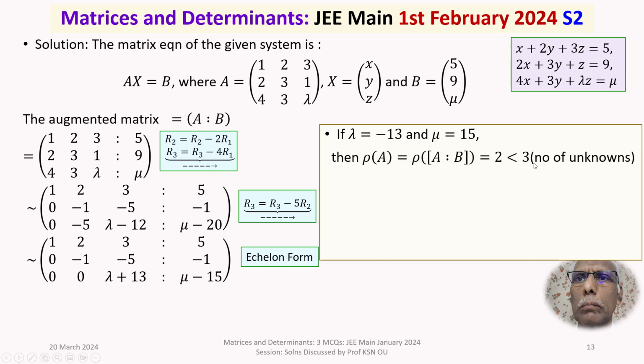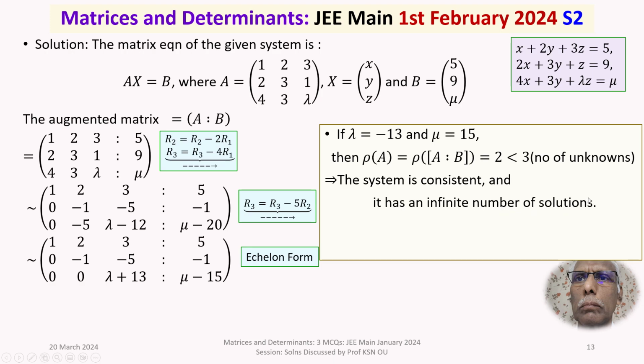Less than 3, the number of unknowns. Recall, because they are equal, it's consistent. Because they are equal and R is less than N, the number of unknowns, it admits an infinite number of solutions. This implies the system is consistent and has an infinite number of solutions.